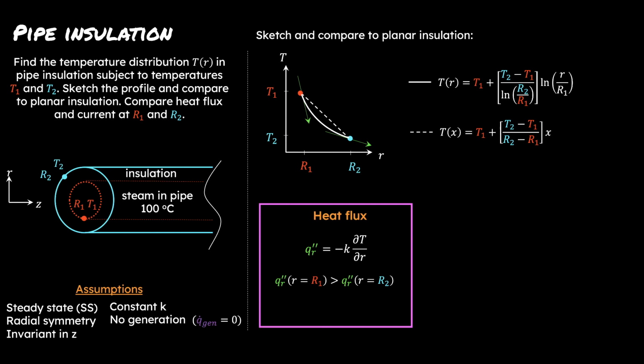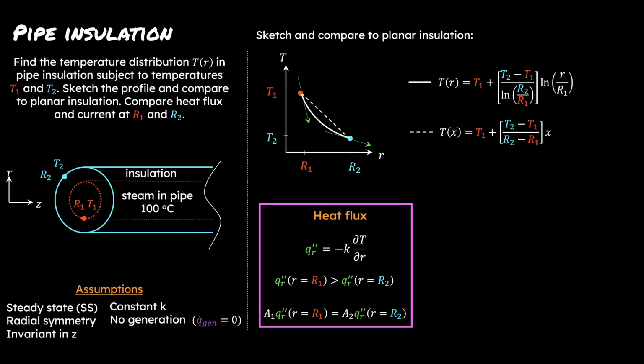So if we take the flux at r equals r₁ and multiply it times the cross-sectional area at that point, which we will refer to as A₁, we can set that then equal to the heat flux at r₂ times the cross-sectional area at radius 2, which is A₂. This is just enforcing the heat balance.